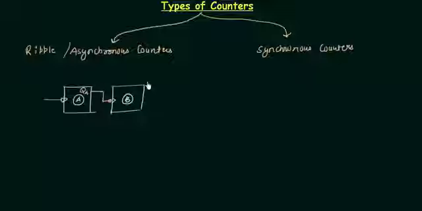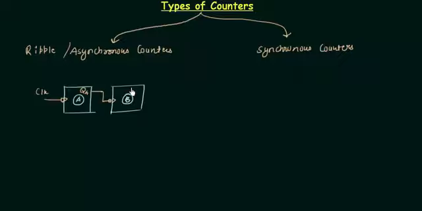You can also have 3 or 4 flip-flops. So this is my clock, it is given to the A flip-flop, and then the output of the A flip-flop will act as the clock of the B flip-flop. This is all that you have to keep in mind regarding the asynchronous or ripple counter.